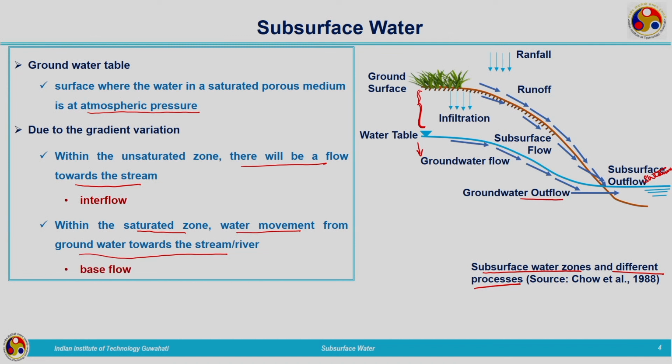So, here we are having different processes. Water is getting infiltrated into the ground. Some amount of water is stored as soil moisture, and after that lateral flow will be taking place within the unsaturated zone depending on the gradient, and the contribution from the unsaturated zone towards the water body, streams or river, that is termed as interflow.